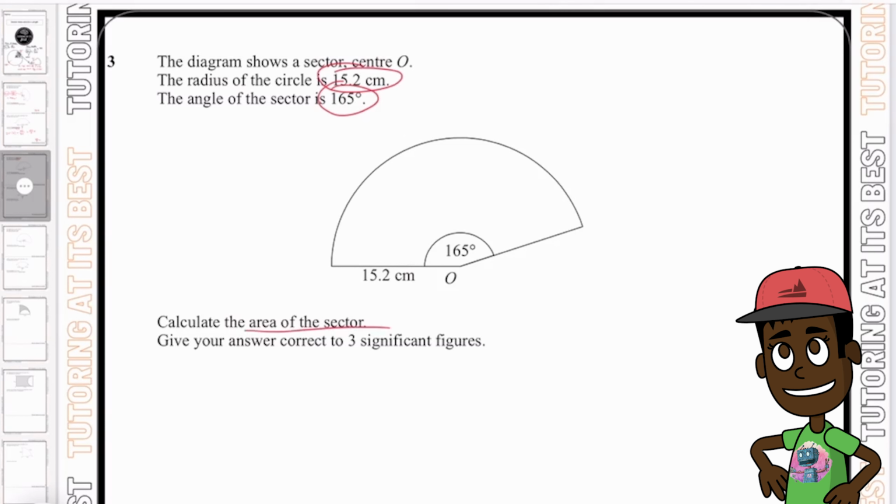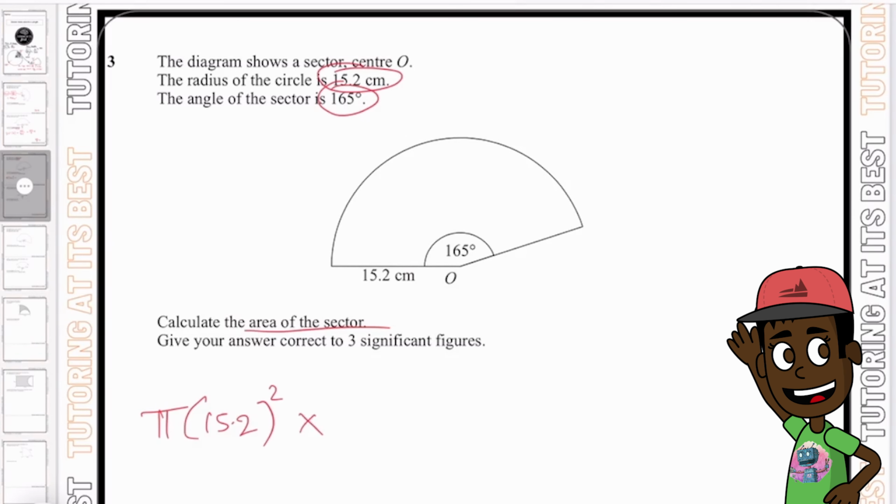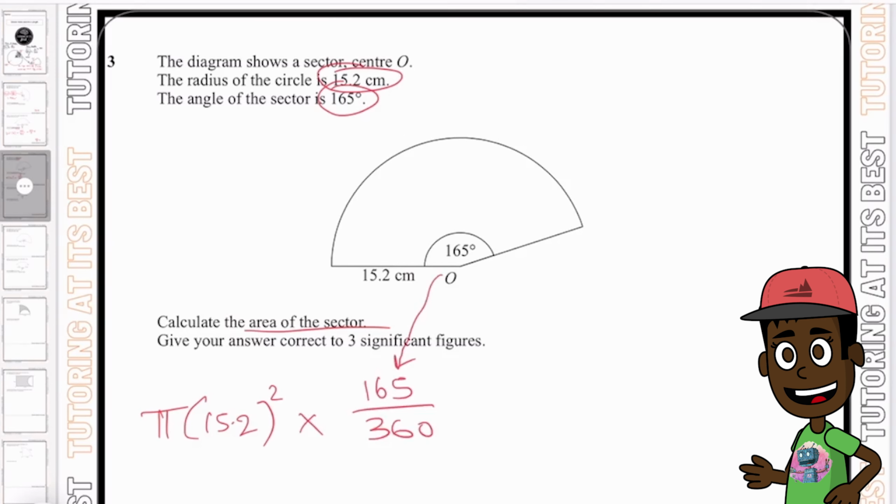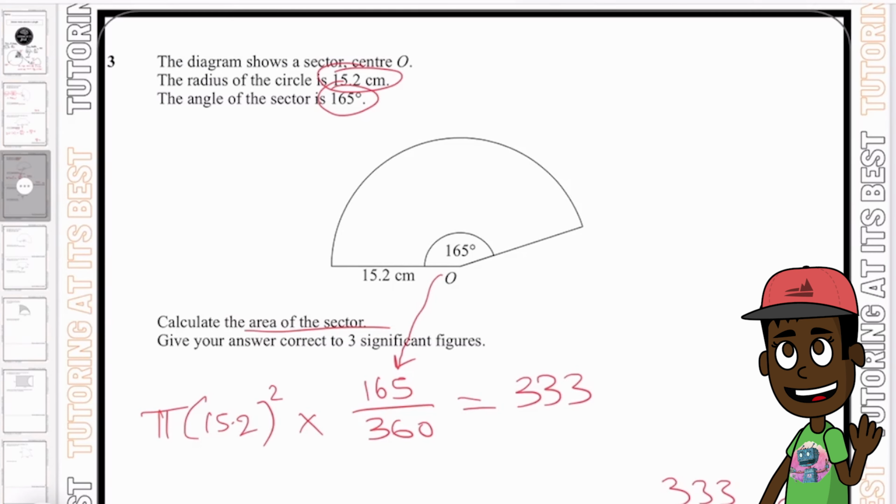So straight away, we can go ahead with pi r squared, which is 15.2 squared, multiplied by 165 degrees over 360, which again is our internal angle there. And if we put that into a calculator, we get 333, which means it will be 333 centimeters squared. And don't forget, when you're working out the area of the sector, we would always have centimeters squared.